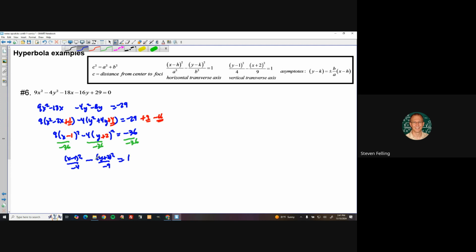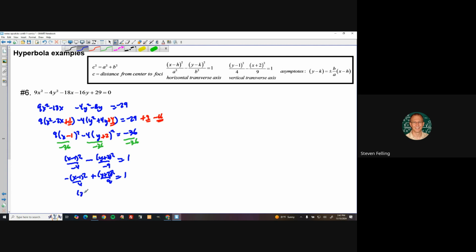But since this is a minus minus, this is actually the positive and this is negative. So this is the same as saying we have negative x minus 1 squared over 4 minus y plus 2 squared over 9 equals 1, which just means I reverse the order of these.